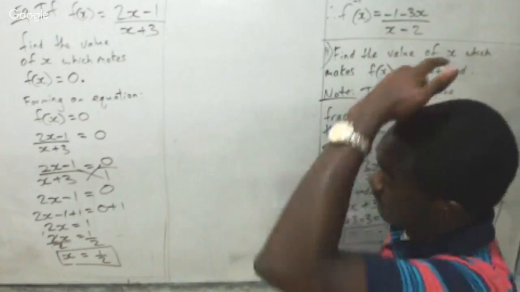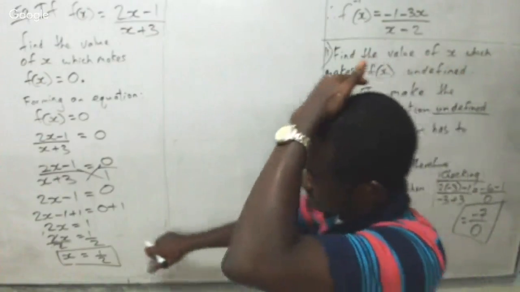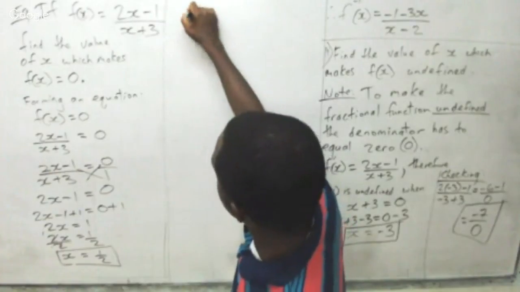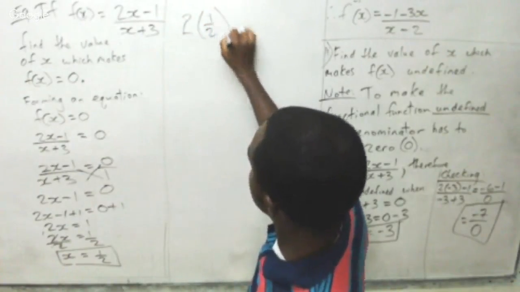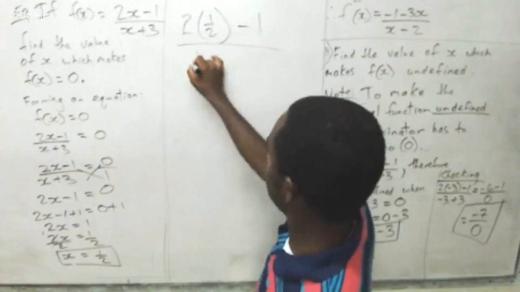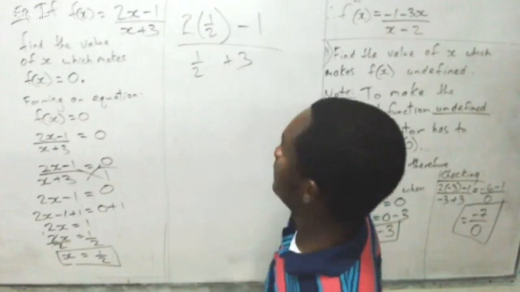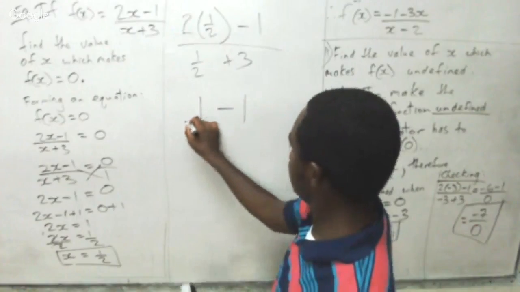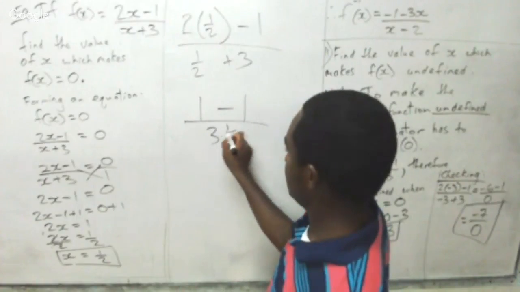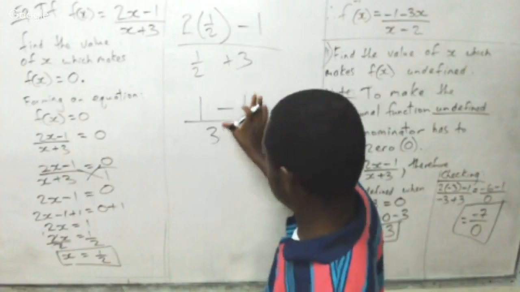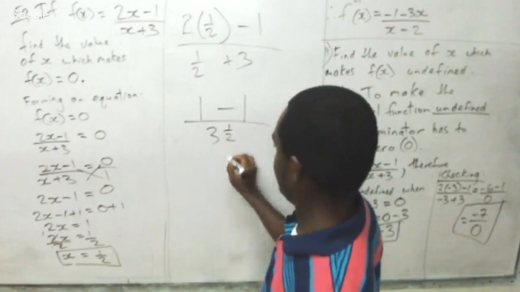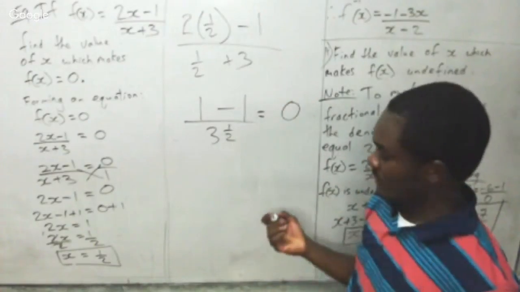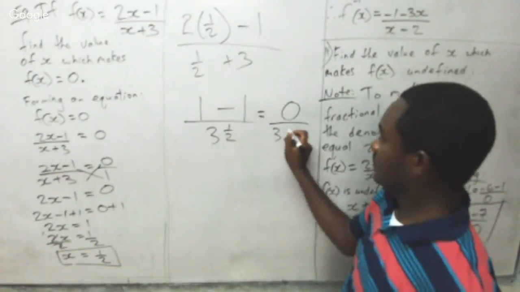All right, let me test it back for you now. So x is a half. If we put a half in here, 2 times a half minus 1 over a half plus 3. 2 times a half is 1. 1 minus 1 divided by 3.5, because a half plus 3 is 3.5. 1 minus 1 is 0, divided by 3.5.